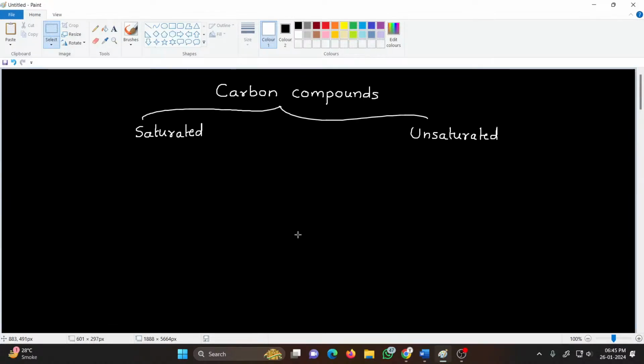There are two types of carbon compounds, saturated and unsaturated. We have already seen that the simplest carbon compound is methane, in which one carbon atom is bonded to 4 other hydrogen atoms.